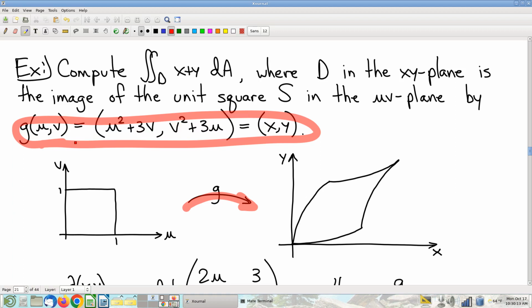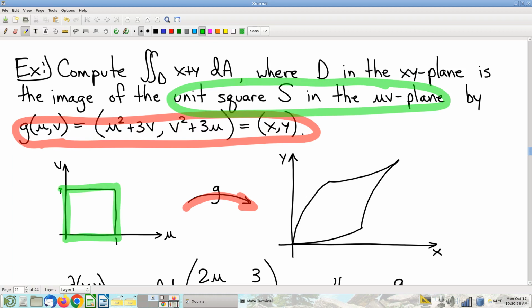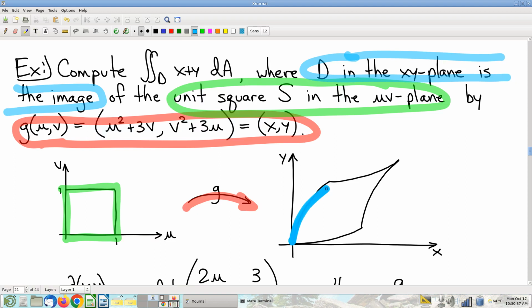This function, this is what we call the change of variables function. And well, that said, then of course, if I have a domain in the UV plane, I'm going to say the unit square in the UV plane, I could talk about what its image is. D is the image. It's what comes out when you plug in that unit square into that G function. Now, this is all just set up, and again, this example is highly manufactured.